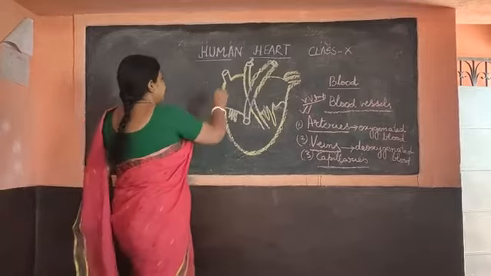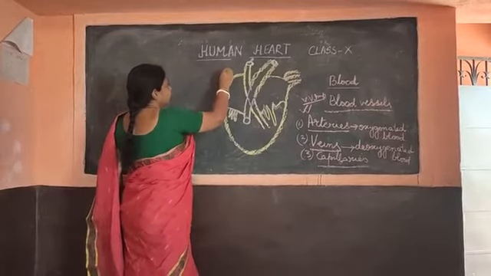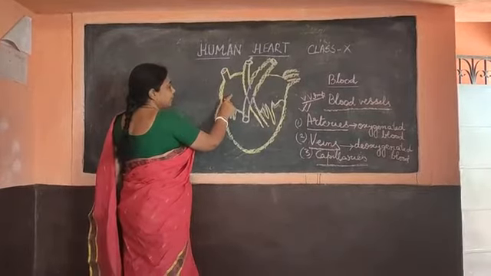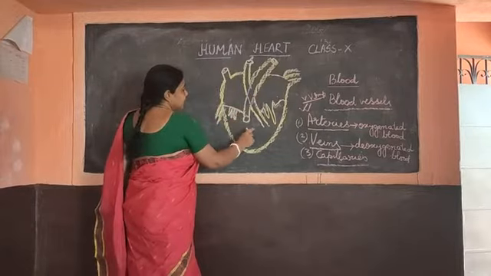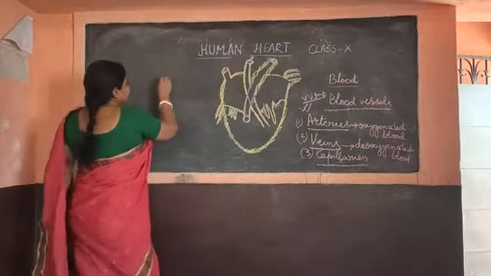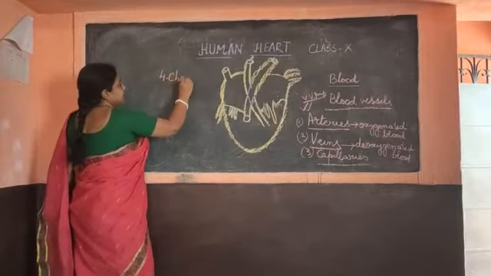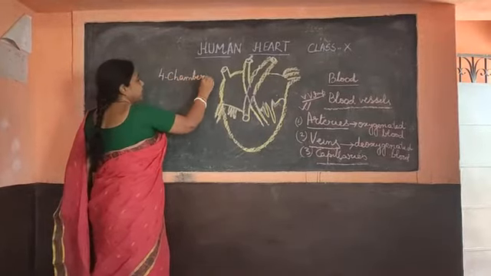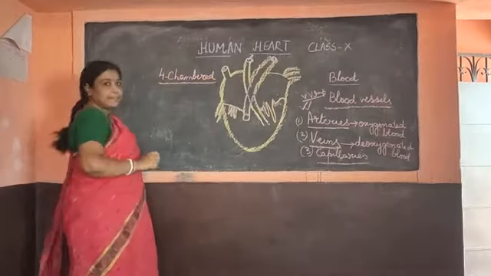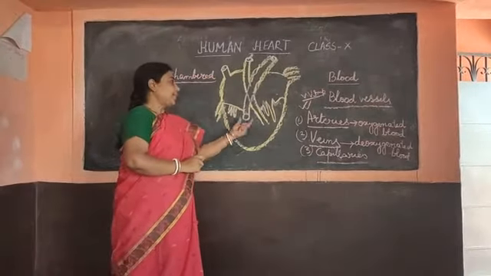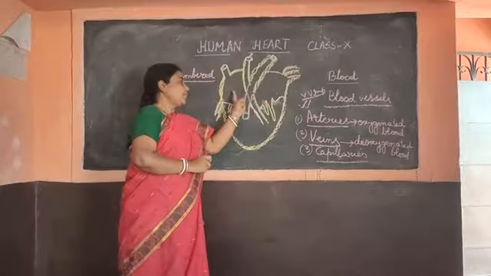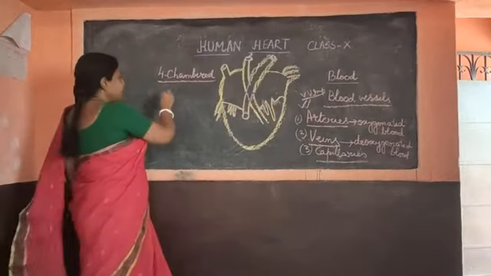Now see this part. First of all, you should know that this is a human heart. How many chambers does this human heart have? It is four chambered. Always remember, four chambered. The upper two are known as the atrium.